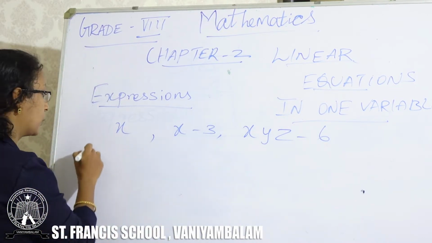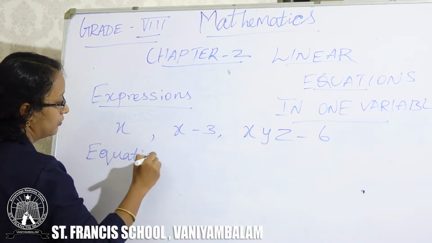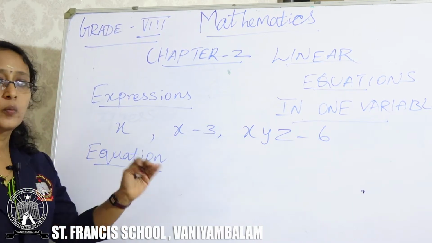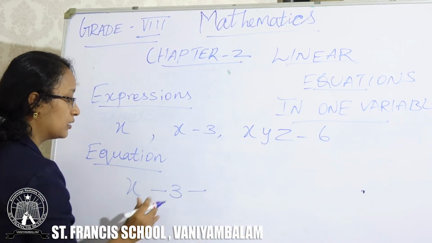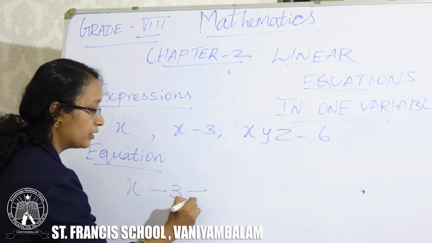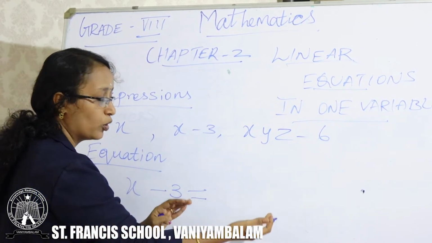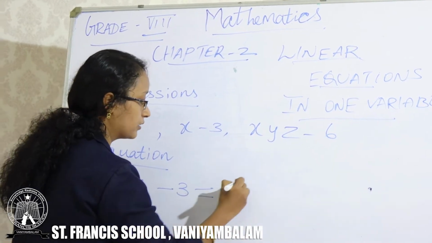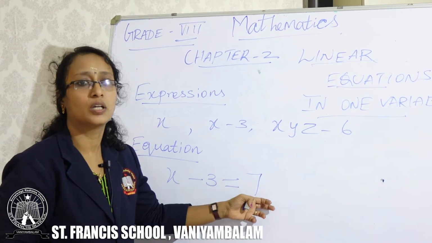Then what is an equation? An equation is where you have the equality sign. This is an expression, and you have the equality sign in between the left and right hand side. So x minus 3 is equal to 7 is your equation.